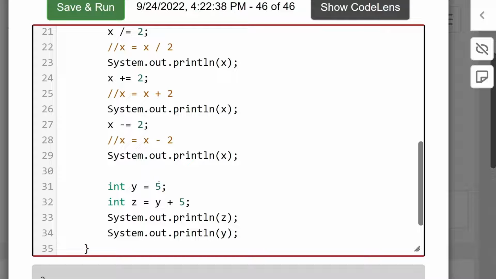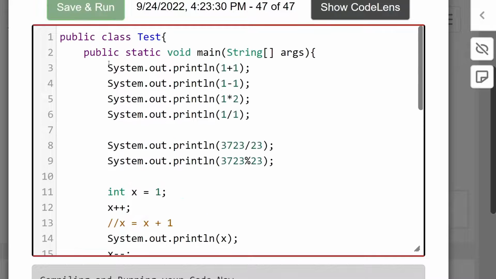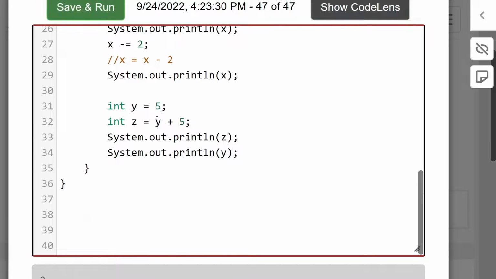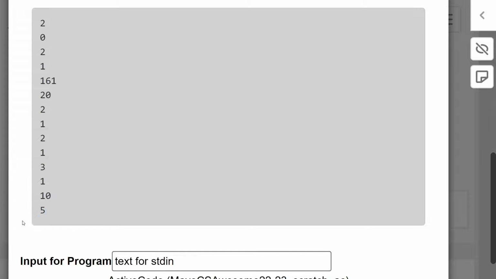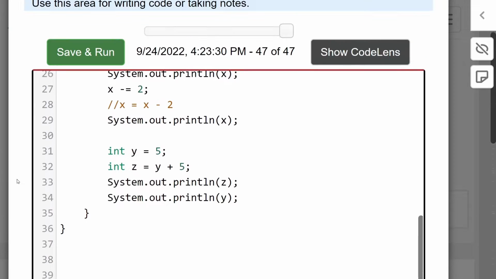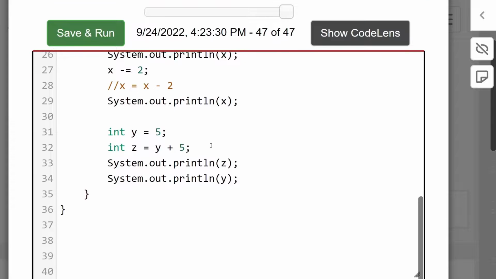Since y has a value of 5, you just plug that in down here. Make sense? So z has a value of 10 because 5, which is the value of y, plus 5 equals 10. And you'll see here, this is the value of z, and this is the value of y. Z has a value of 10, and y has a value of 5.